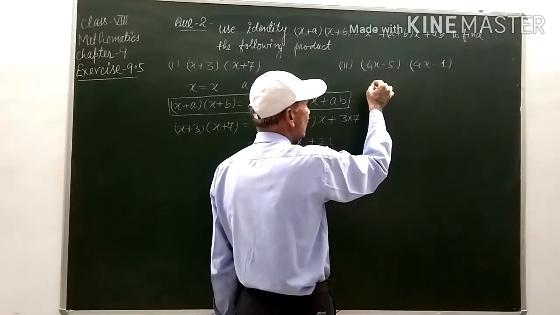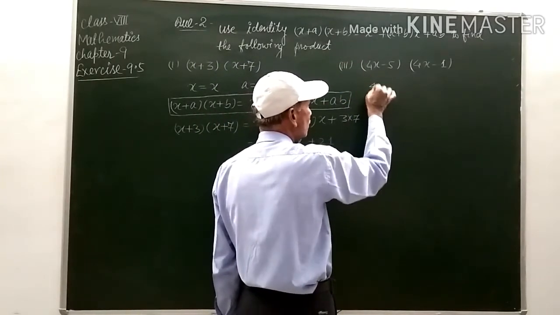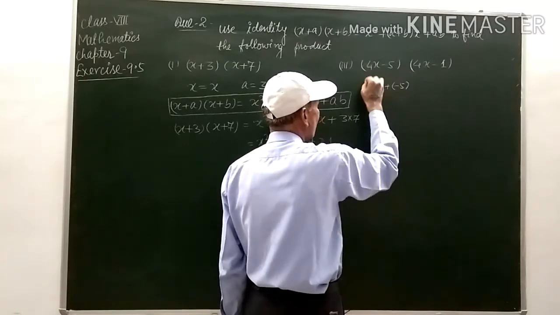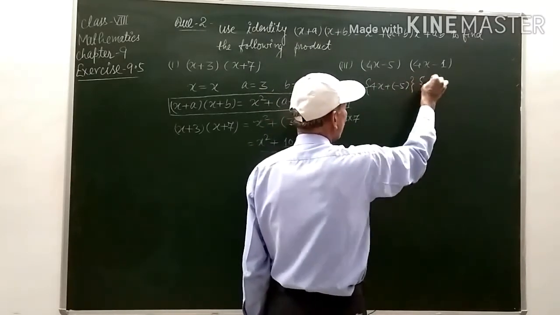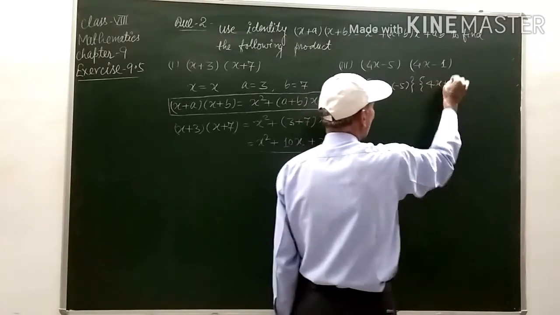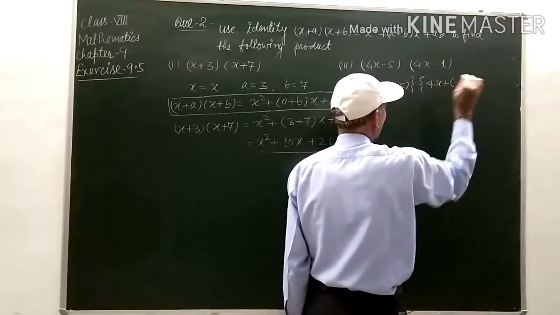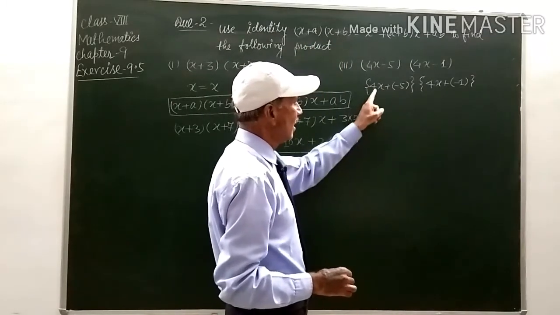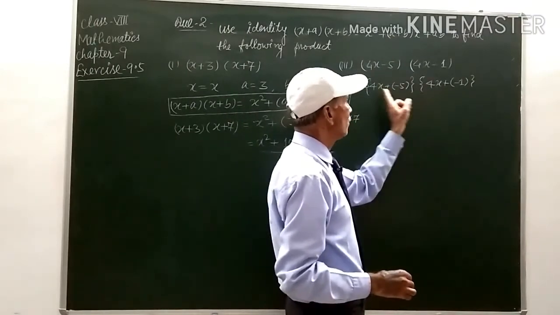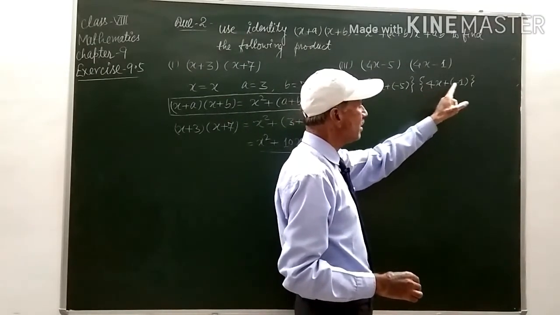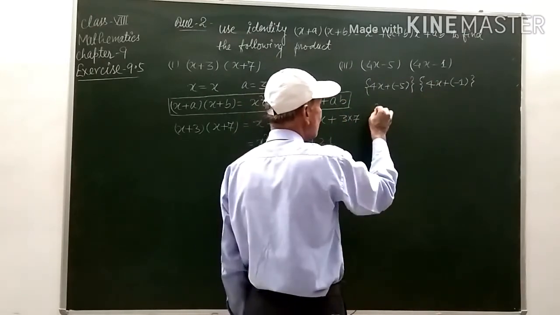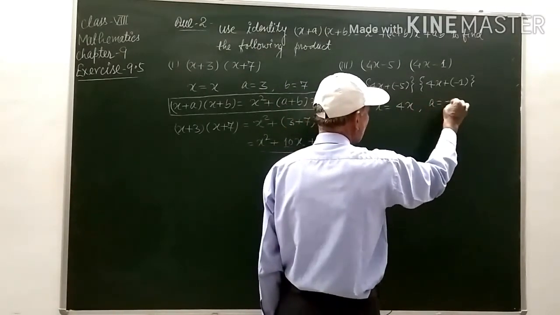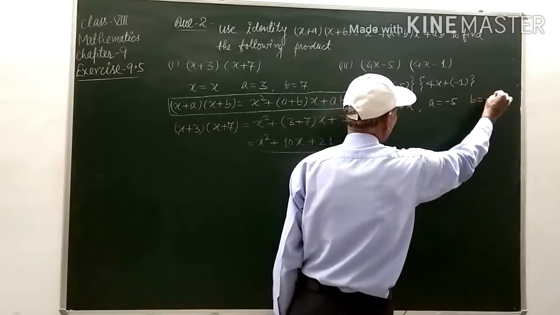So we will write this according to the identity: (4x + (−5))(4x + (−1)). Now this expression is according to the identity (x + a)(x + b). Clear, student? In place of x there is 4x, in place of a there is −5, in place of b there is −1.